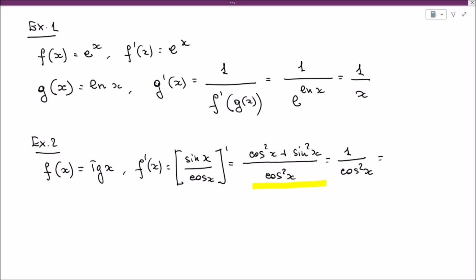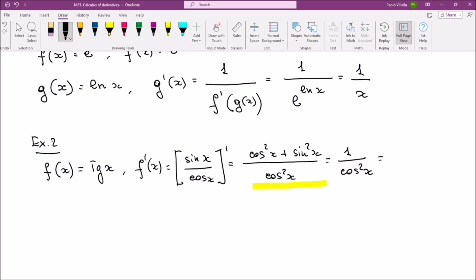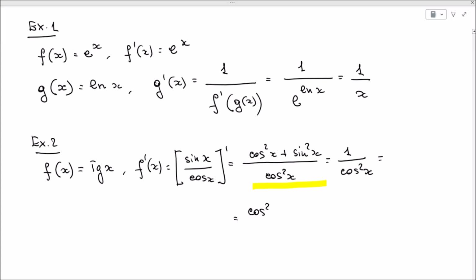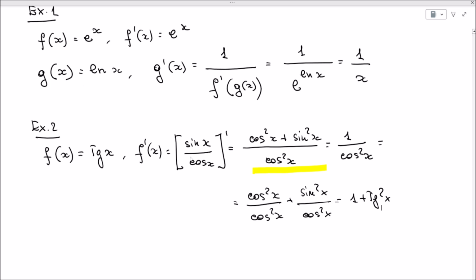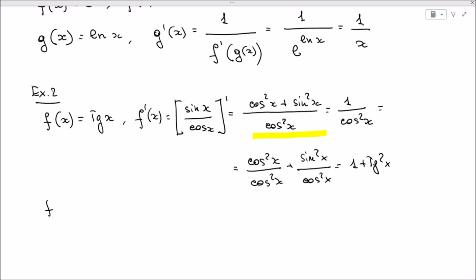We can write this as cosine square of x divided by cosine square of x, plus sine square of x divided by cosine square of x, which is just 1 plus tangent square of x. So in conclusion, let me rewrite this conclusion here. F prime of x can be written in two ways: either 1 divided by cosine square of x, or 1 plus tangent square of x.